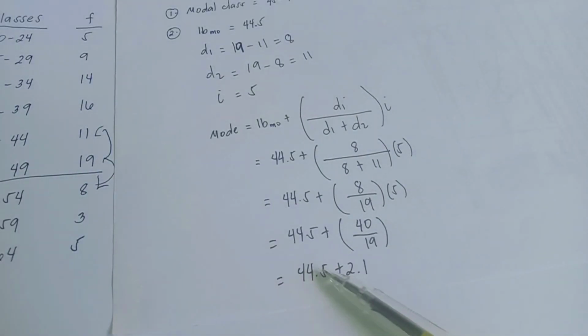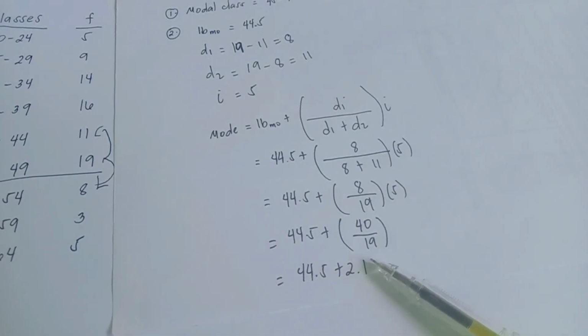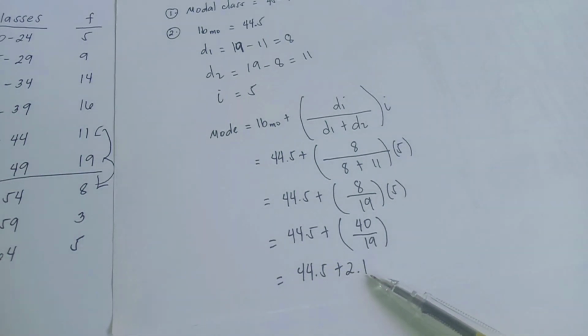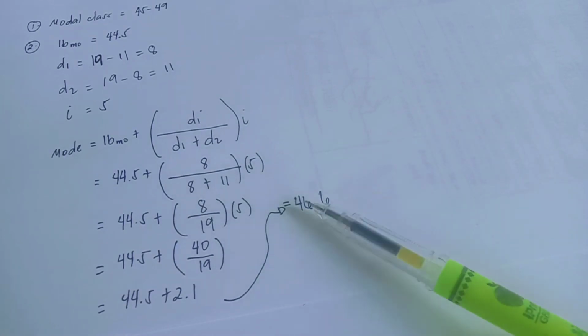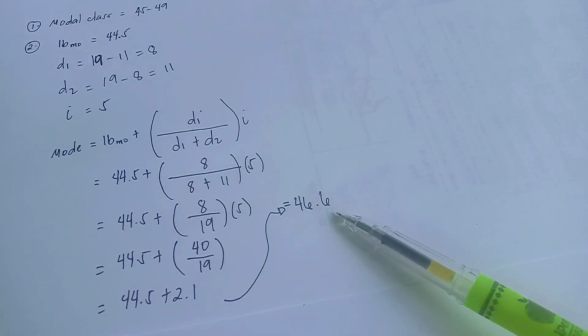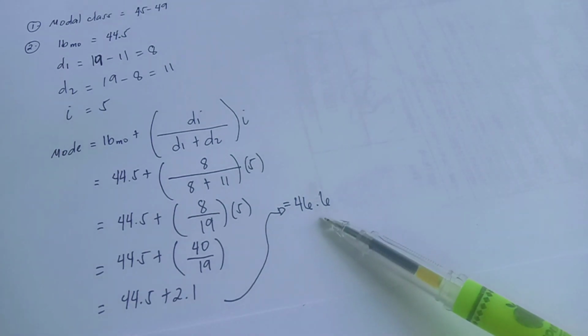Okay, so yan, sunod i-add lang natin 44.5 plus 2.1. So that would be equal to 46.6. So pwede naman din natin itong i-round off. So maging 47.